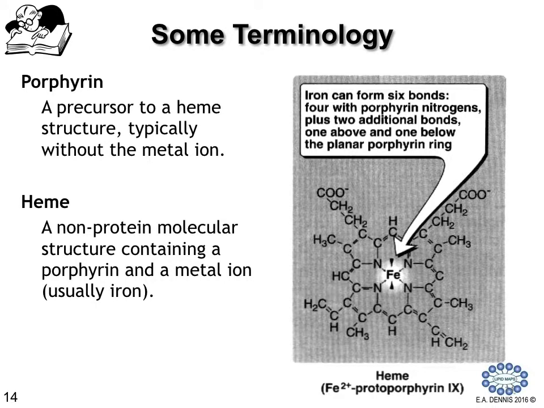When a metal ion is present, such as iron, it can be coordinated to those 4 nitrogens as well as to other groups because there are coordination sites both above and below the plane of the ring. When a porphyrin has an iron in it, then it's known as a heme.